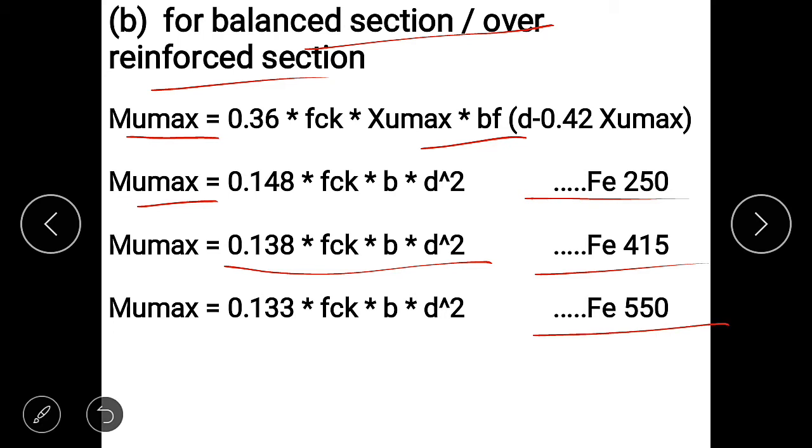And for Fe 500, the formula is 0.133 fck bd square. So if the section is balanced or under-reinforced, for the different grades of steel, Fe 250, Fe 415 and Fe 500, the formula is given.